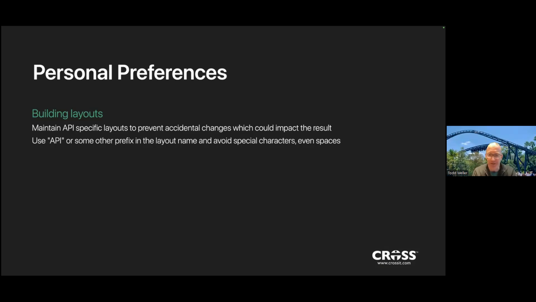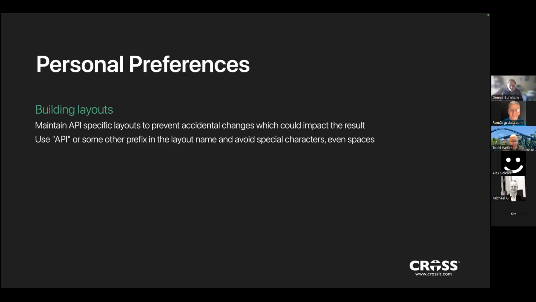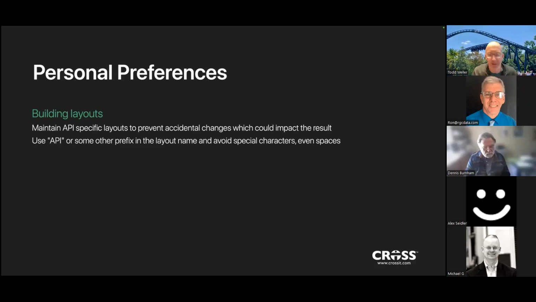I also try to avoid any special characters, even spaces, because as we noted, this is built on the FileMaker Data API web service on FileMaker Server. So any layouts that you build for your Execute FileMaker Data API script step, you do have the option to then turn around and use as part of the FileMaker Data API if that becomes needed.